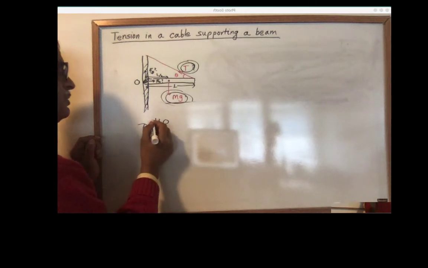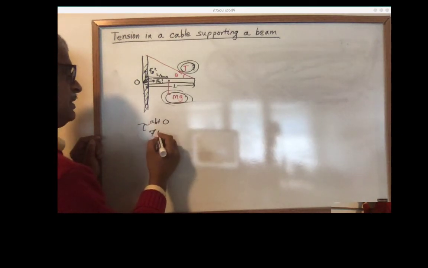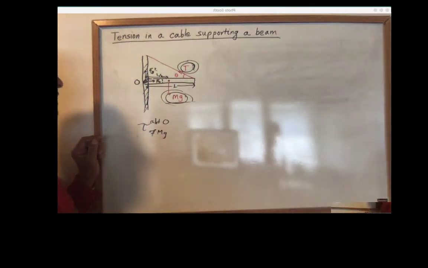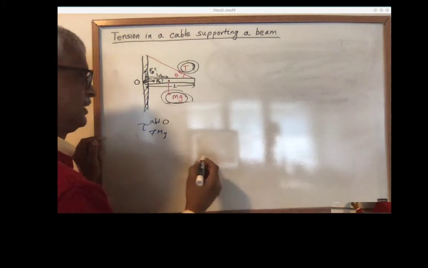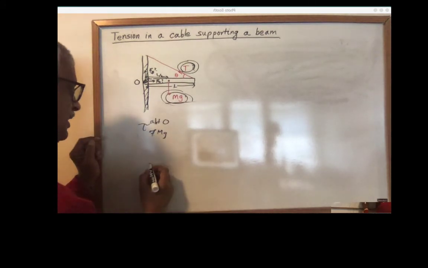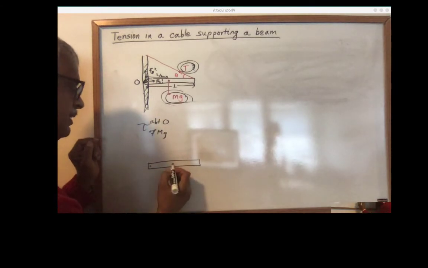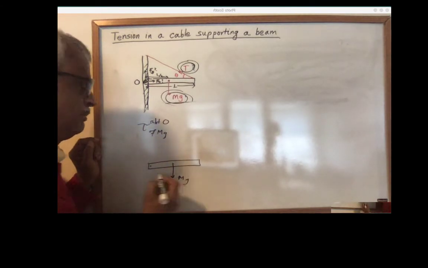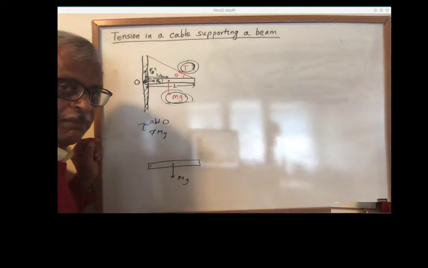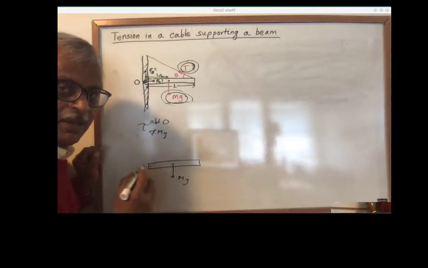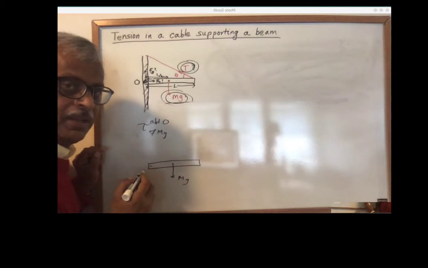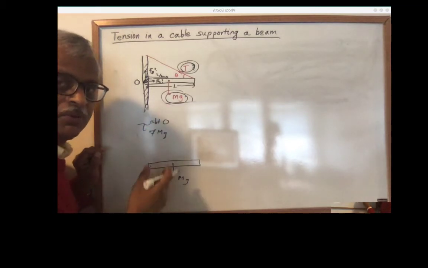I'll go through the same process, right? So I have the bar, I have this, and mg. Recall that you have a certain number of steps you follow when you use lever arms.